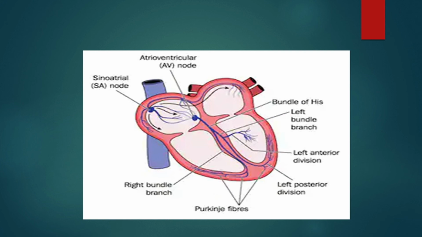In this diagram we can see the right atrium, and here in the posterior portion of the right atrium the sinoatrial node is present, which generates the electrical impulses and causes the atrial walls to contract and releases the impulses to the ventricle.